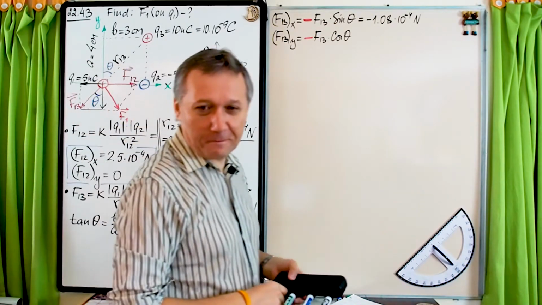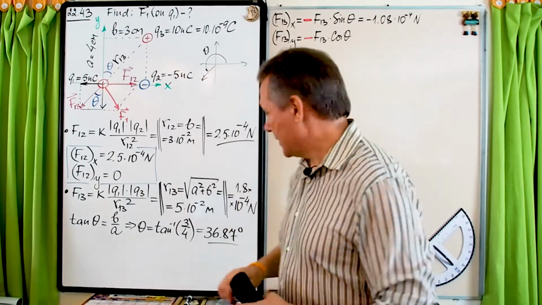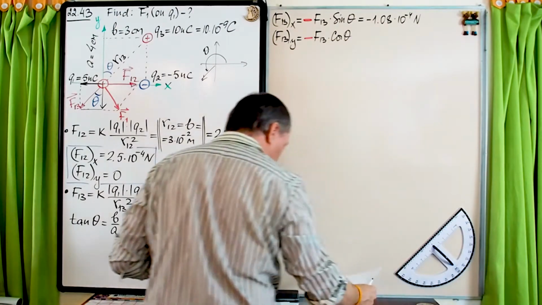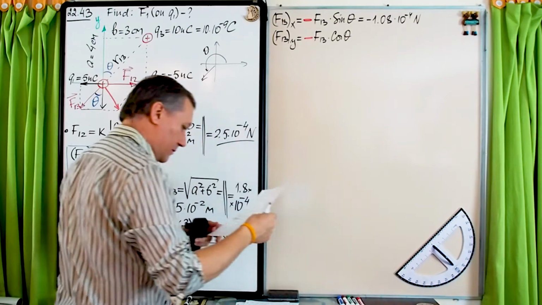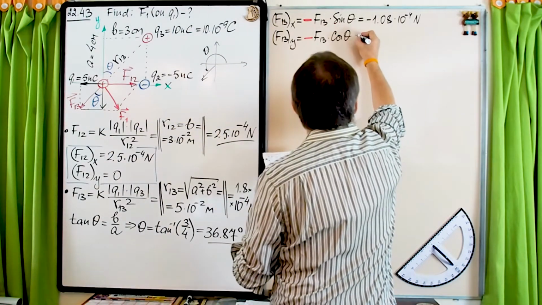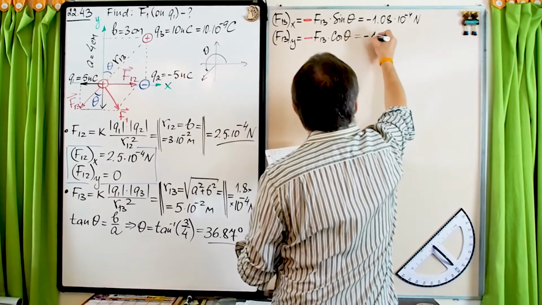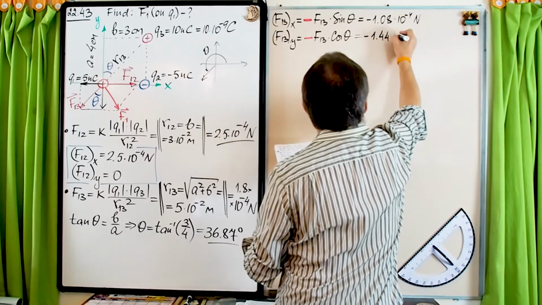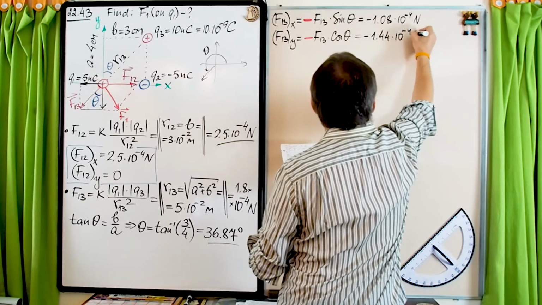And this component is going to be minus 1.44 times 10 to the power of minus 4 newtons, right?